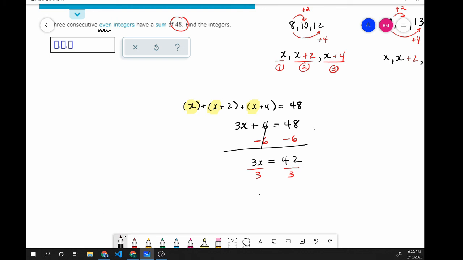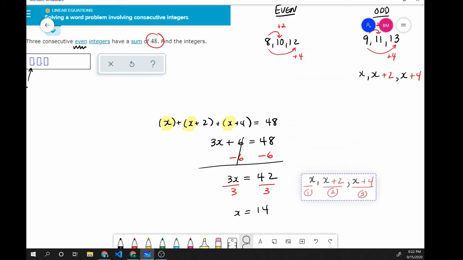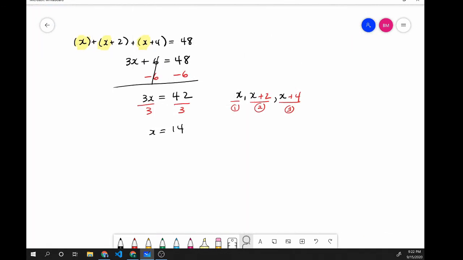So x is going to equal 14. So again, we're not done yet. That was our first x. But again, our numbers are right here. In fact, let's move that down. So this is 14.